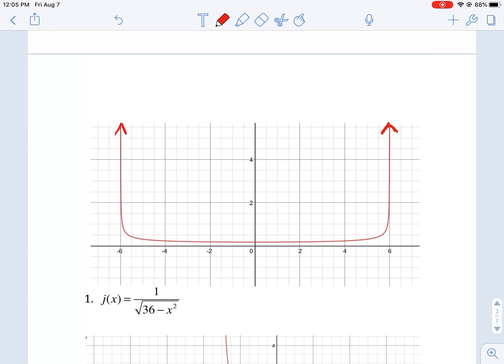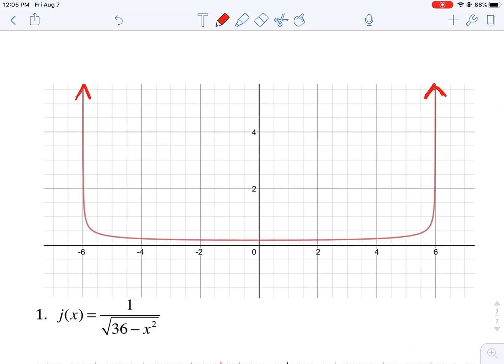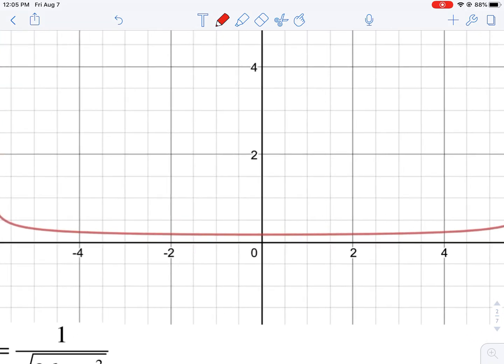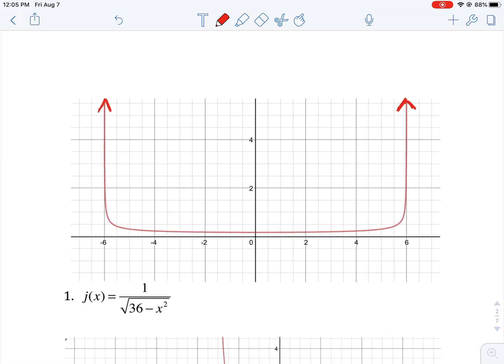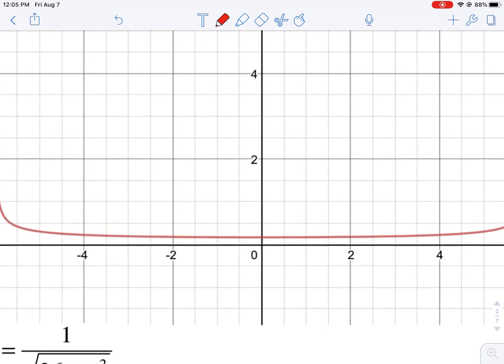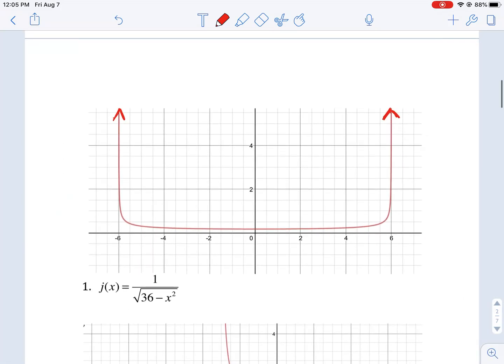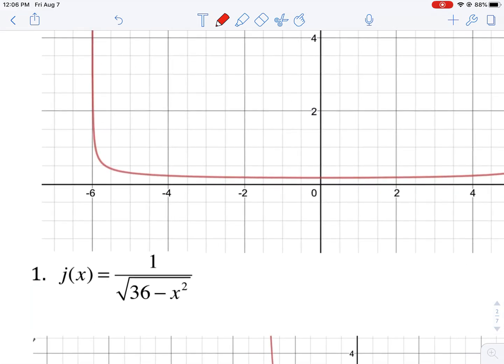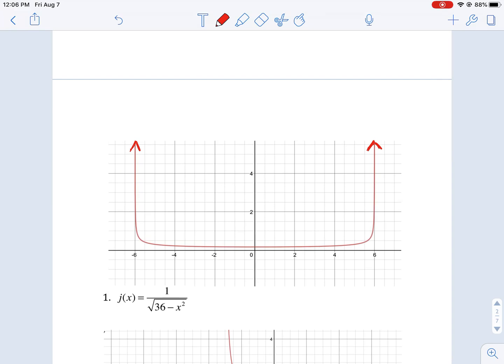The second thing that might not be obvious, depending on how well you're zoomed in, is that this graph looks like it gets to 0 in the y value, but it doesn't quite get there. It's just a little bit above 0, and you can see it's perfectly symmetric in the y-axis. The reason it's symmetric is it's like an x squared function, so whether you put in positives or negatives, you get the same y values back.